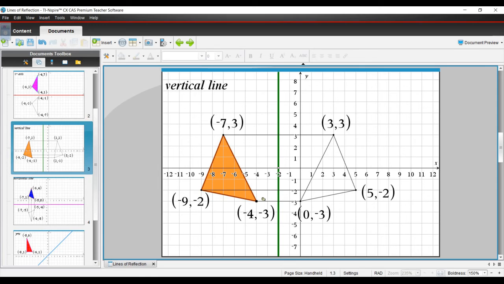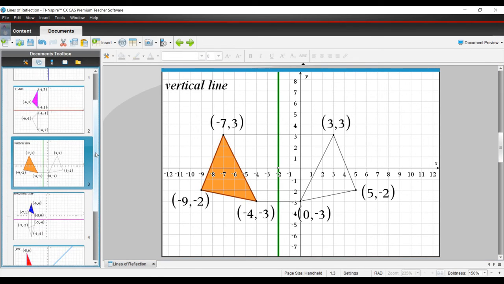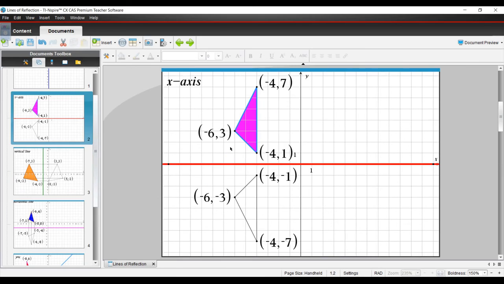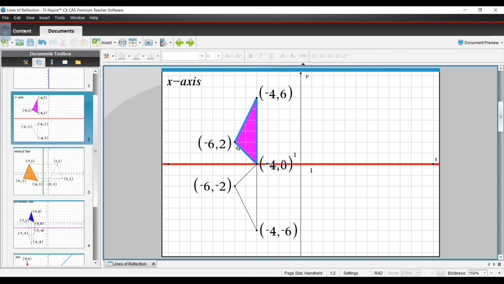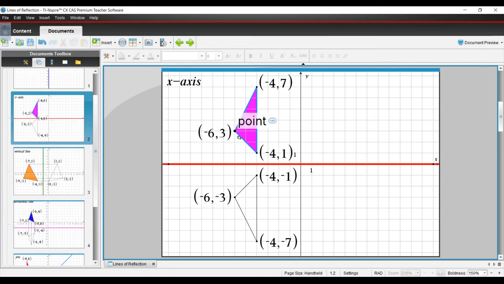See how that works? They're the same distance away, but on opposite sides of the line of reflection. And honestly, that's how it always works for any point over your line of reflection. It will always be the same distance away from your line of reflection, right? As I move that one closer, the other one moves closer. See how that works? Pretty cool.